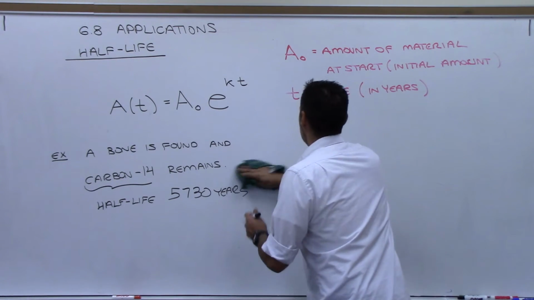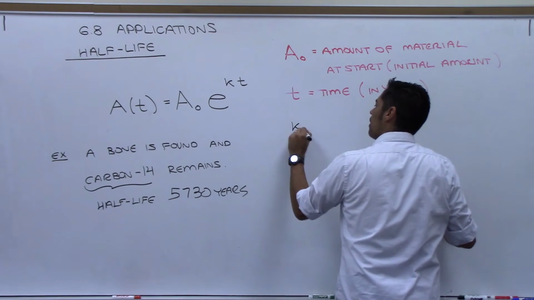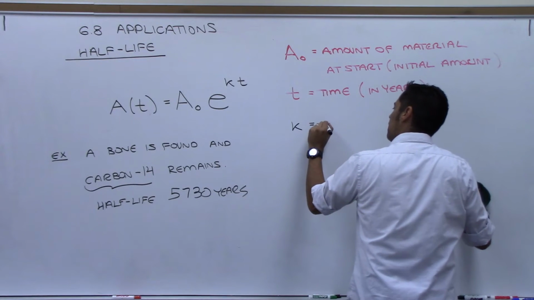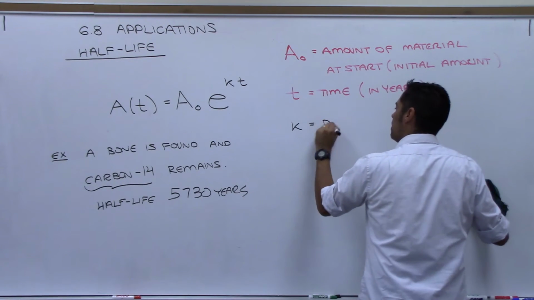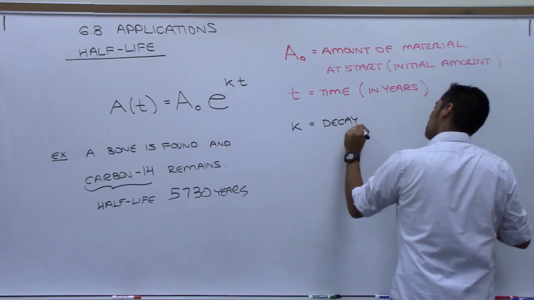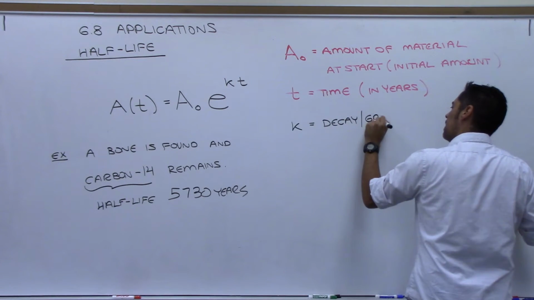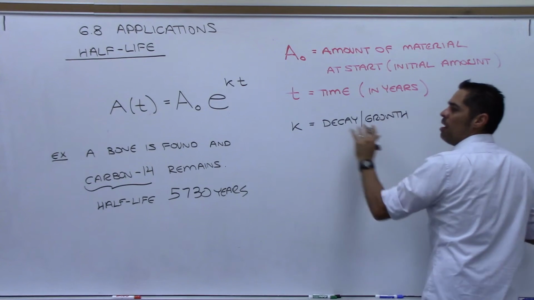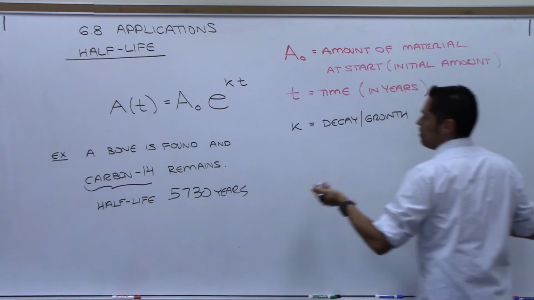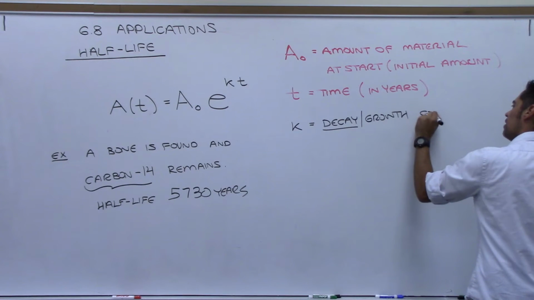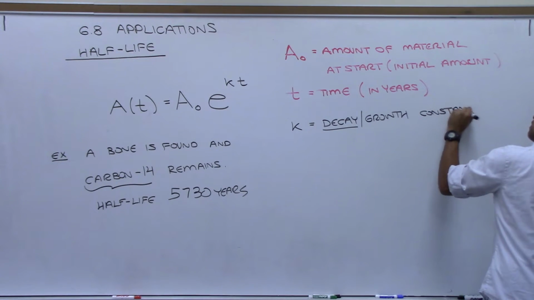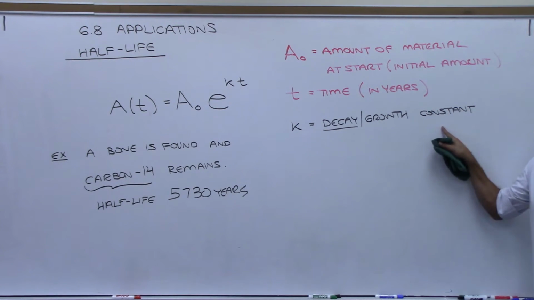The next part, k, is called the growth, actually in this case the decay constant. I'm going to say slash growth because if we make this an exponential growth problem, that k is going to be called the growth constant. It's the decay constant in this problem. And that will always be determined by your half-life.